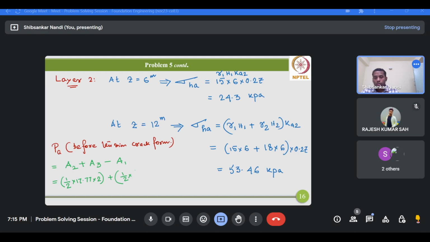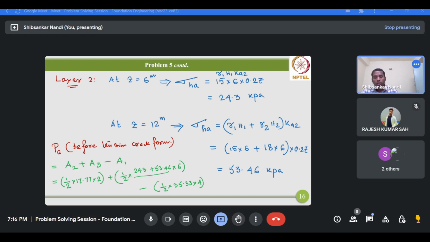So 24.33 plus 53.46 divided by 2, multiplied by 6, and minus half the upper triangle, that is 35.3 multiplied by 4.